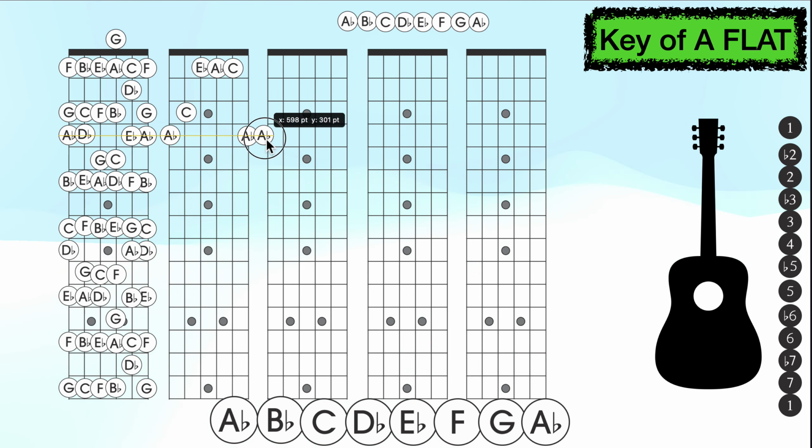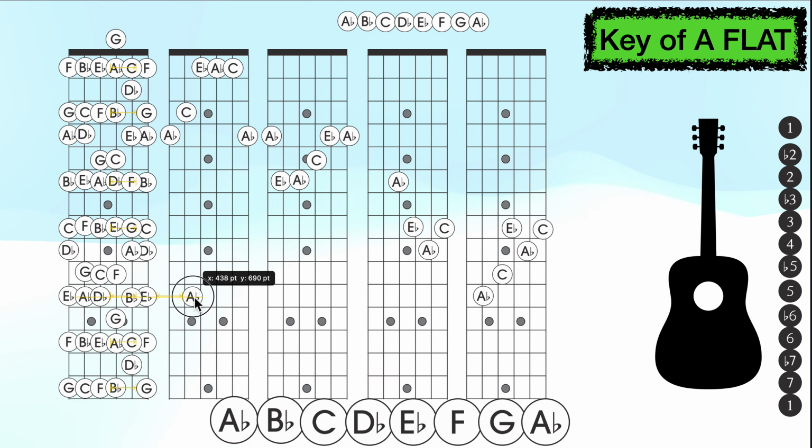And then if we slide this over, bring this up, E flat, A flat, C, E flat, and A flat, we have the E position, CAGED, A flat, E flat, A flat, and C. There's D, and this takes us back to the C position, which would be A flat, C, and then finally the A position, which would be kind of a duplicate of what we see here, with the E being over there.